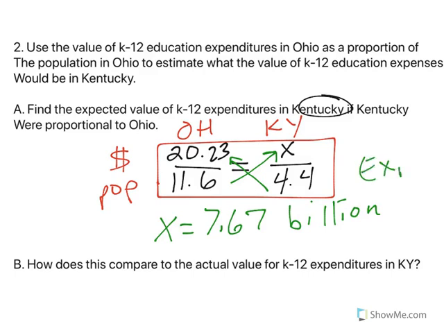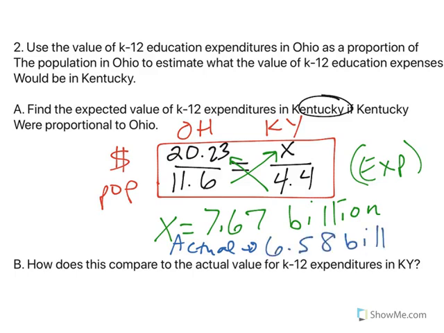Again, this is expected. The actual for Kentucky, remember, was 6.58 billion. So they would have spent an additional $1.09 billion if they would spend like Ohio.